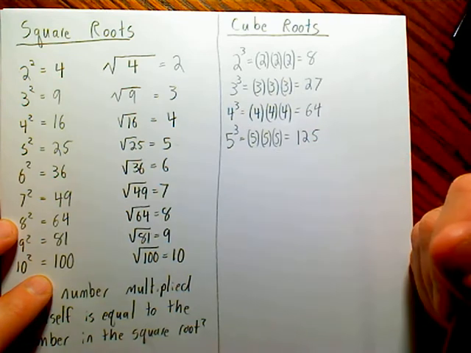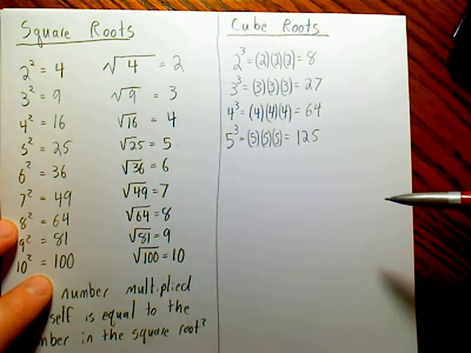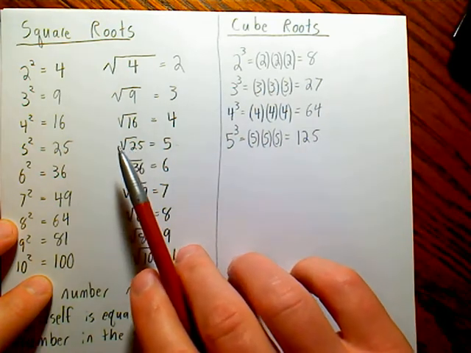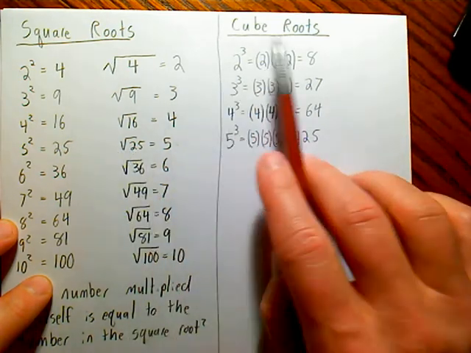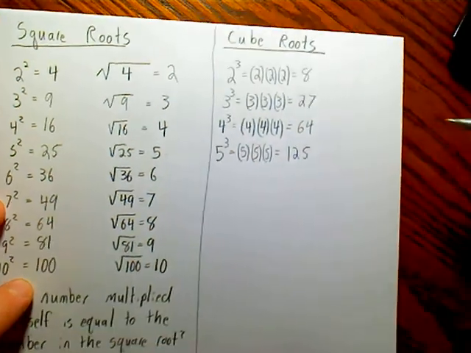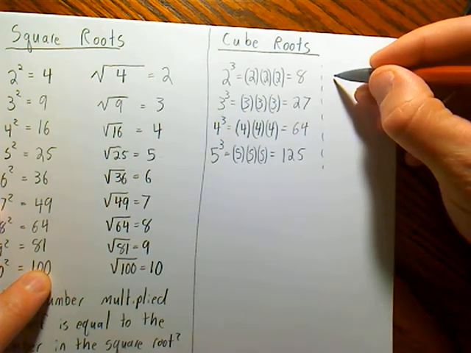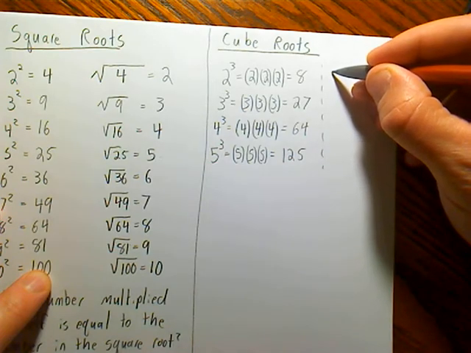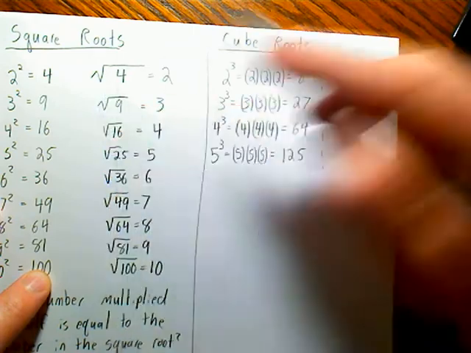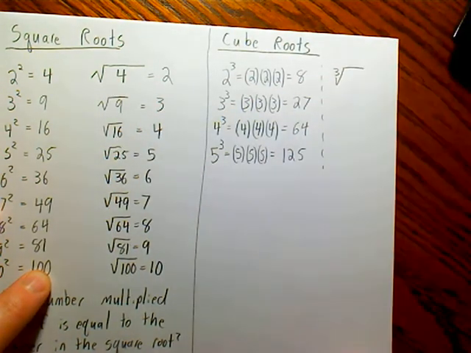Now, we haven't talked about cube roots yet. We've just talked about cubing something. But just like square roots, cube roots are going to be the opposite of these exponents here. So if I wanted to know the cube root, and the way I write that is just like my square root over here, but I put a little 3 in front.